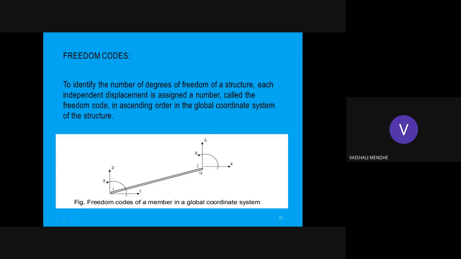How to assign it, we will see when we solve the problem. But you should know this definition: freedom code means the coding along which the displacement is possible.